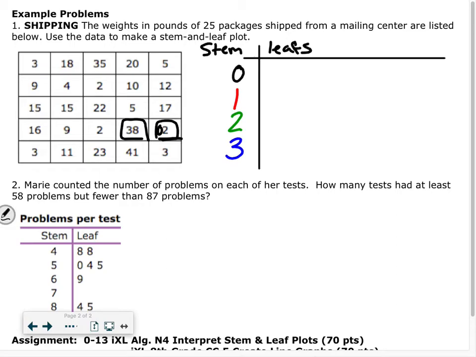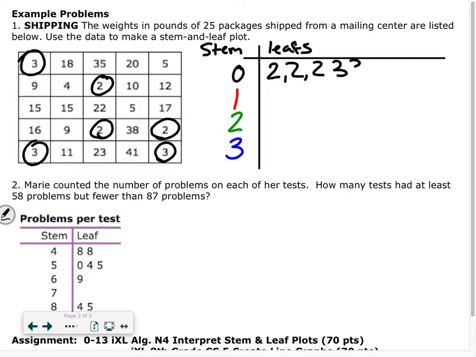So let's start with the smaller numbers. We have 2 here. So here's 2. Here's another 2, so I'm going to write that again. We have another 2, so we'll put that again. We have a 3, another 3, and another 3. So that's 1, 3.